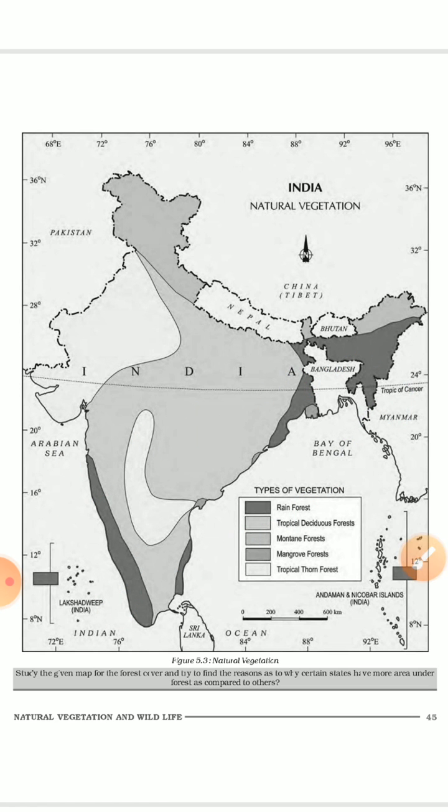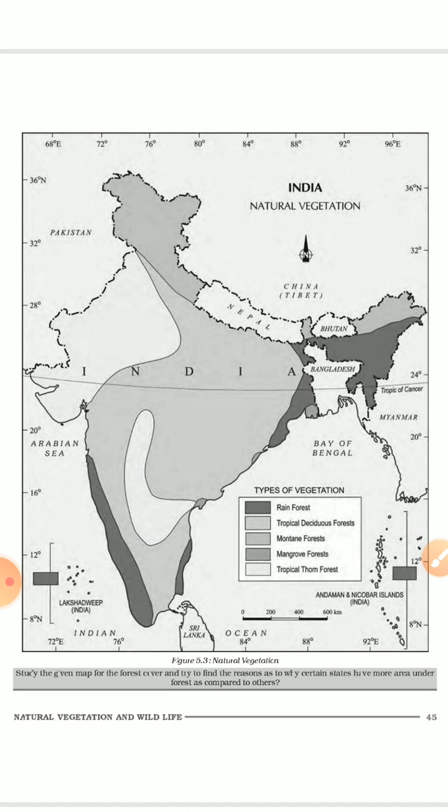You will find a variety of trees in this zone. The tall trees rise up to a height of 60 meters, and then beneath them you will have little shorter trees. You can find shrubs, bushes, herbs, creepers, climbers, all growing in the same area, in the same region.